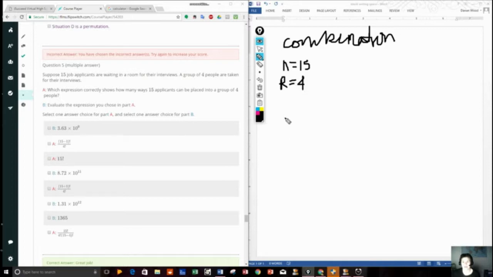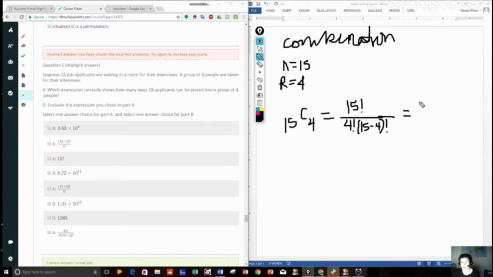So we're going to have 15 choose 4, and that's going to equal 15 factorial, the total number of ways I could pick 15 people, and then we're going to divide out the 4 factorial. The 4 is how many ways I could arrange those 4 people, and then what is left over from 15 and 4. So 15 minus 4.